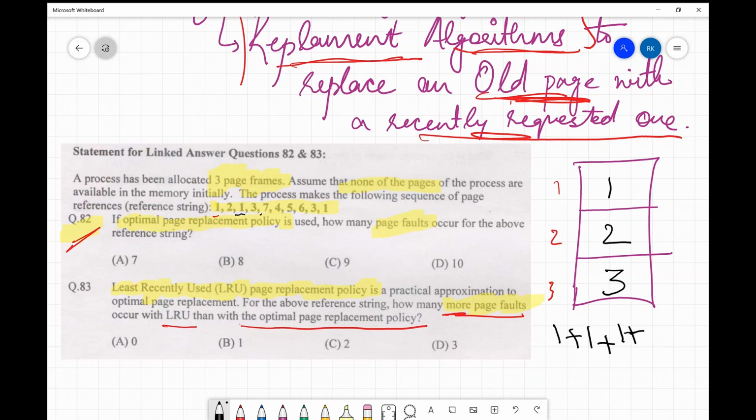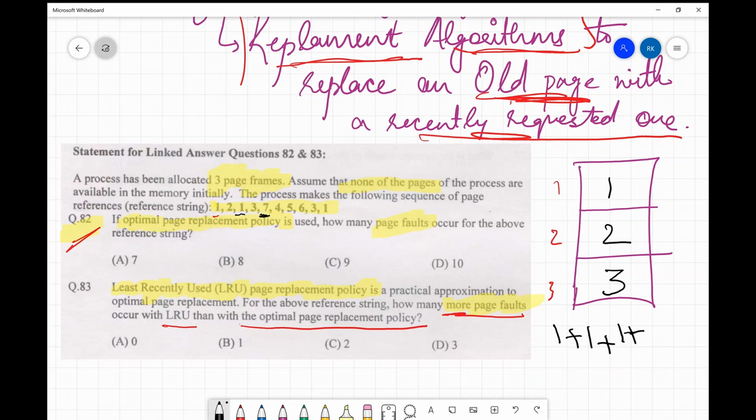Now when 7 comes, we'll have to think about replacement. In optimal, the basic logic is you replace the page which is not going to be used in the near future, the one which is going to be used the least in the future.